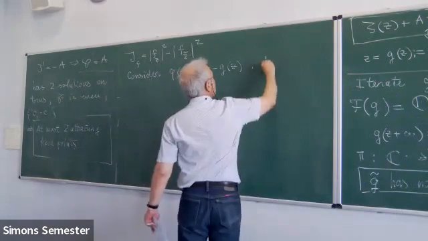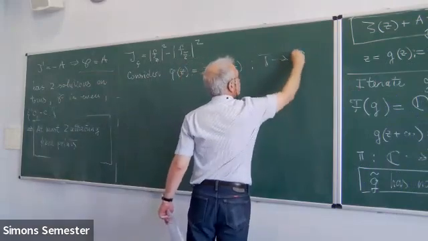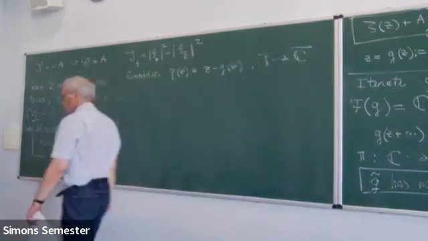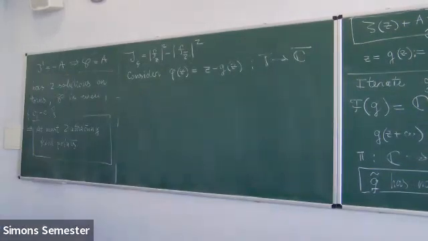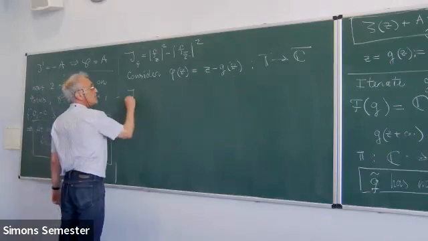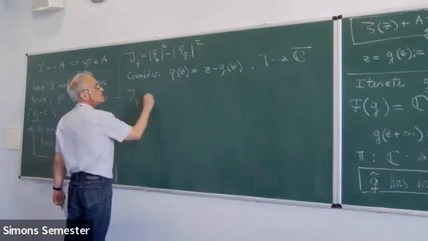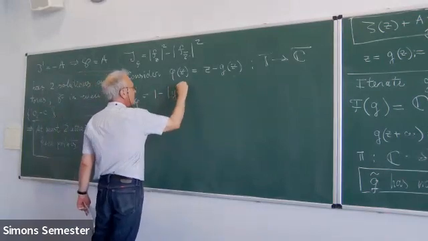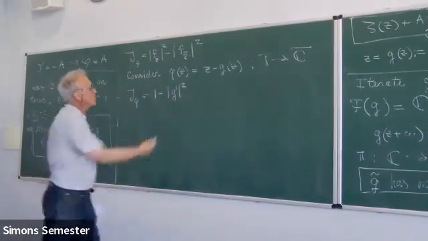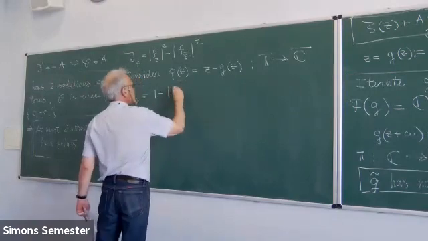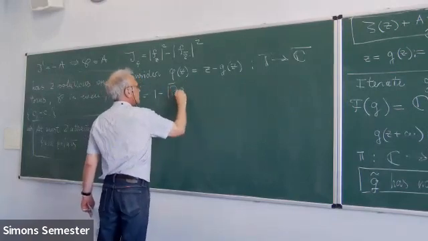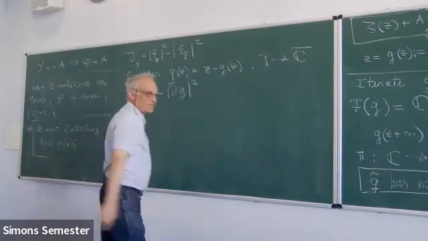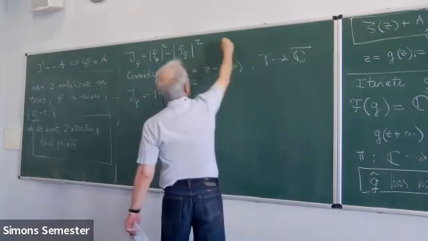So this is a map from torus. Okay. So what is the Jacobian of this map? It's 1 minus absolute G prime squared. Well, where G prime is, of course, D bar G.